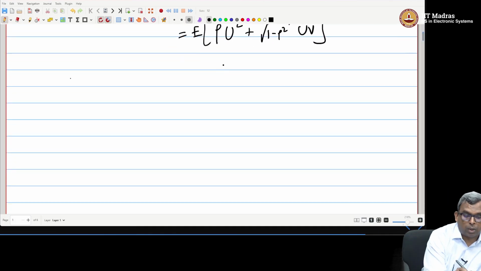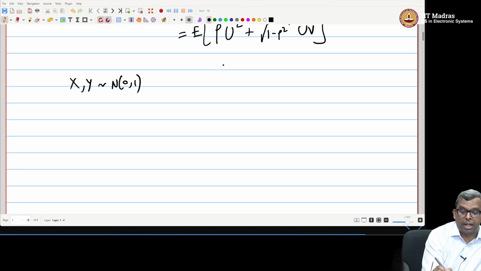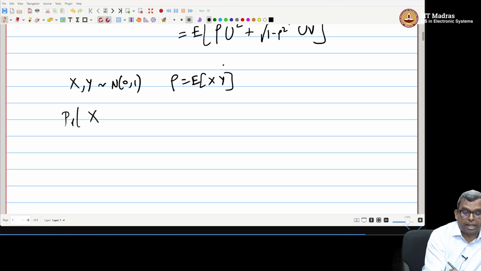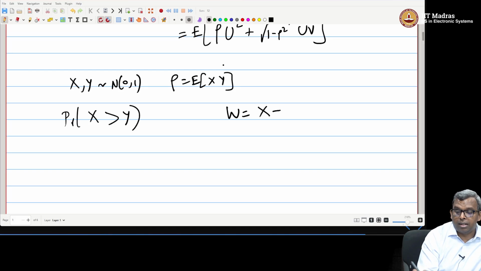X and Y are normal 0, 1, they are not independent, rho is the expected value of XY, and you are asked for the probability that X is greater than Y. For all these problems, it is good to define W as X minus Y, and then this simply becomes the probability that W is greater than 0.